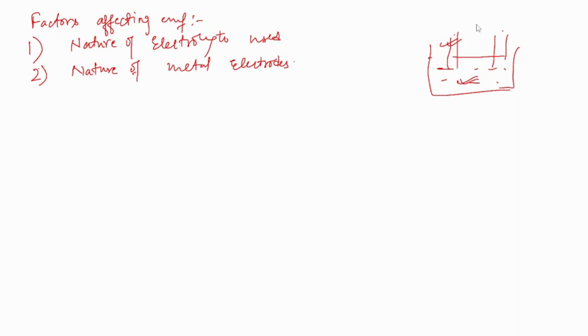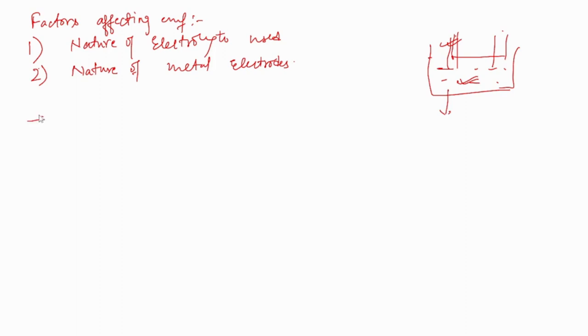One more thing that is important to note here is that your EMF does not depend on the area of the plate, this area of these electrodes, separation between electrode plates, and the quantity of electrolyte and size of cell. These are the four factors on which EMF doesn't depend. So there may be a question that can be framed from this knowledge.